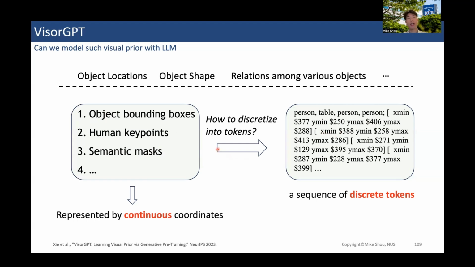In this way, we can convert this 2D visual information into discrete sequential tokens, and we can then fit that into the LLM for modeling. Similarly for human key points and semantic masks, we also have similar ways to convert them into discrete tokens.